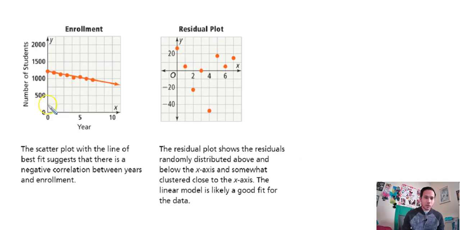So from year 0, it's here. If you go here, that's 27. It goes from above the x-axis to below the x-axis, right? So that is how we analyze the line of best fit and also the scatter plot, right?